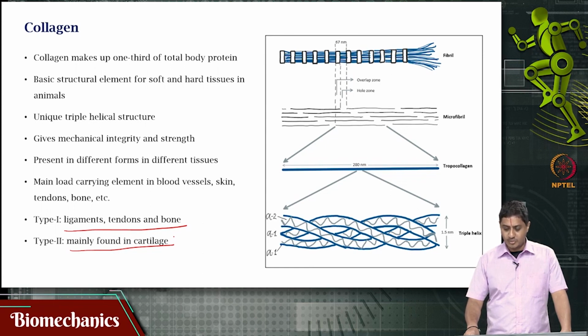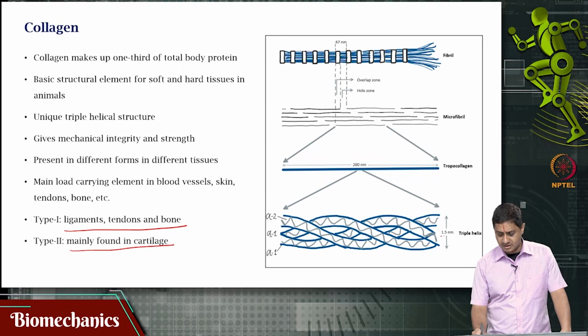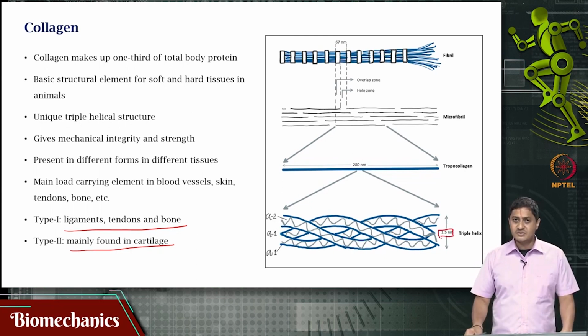Then you see tropocollagen, and then you have the unique triple helix structure of collagen at a resolution of 1.5 nanometers. So, at different scales you can observe the function of the collagen fibers, and it turns out their alignment and how much crimp they have defines the function of the tissue in which they are present.